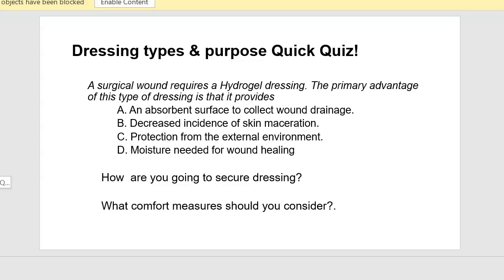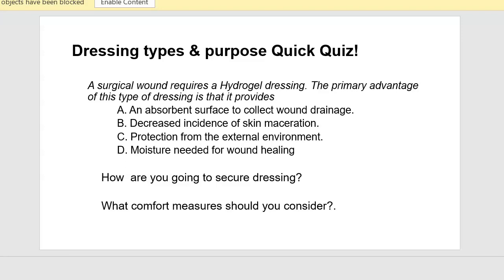It is best to keep a somewhat moist environment that produces normal epidermal cell growth and also absorbs drainage to prevent bacterial growth, because we want to prevent infection. Sometimes, if a wound has minimal drainage, it will create a natural formation, a seal that eliminates the need for a dressing.